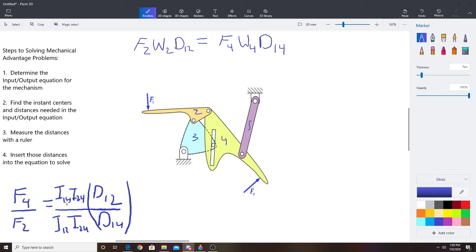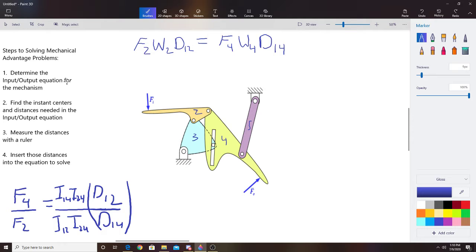So the bottom of the kinematic coefficient is up here and the top is down here. So we now know that these are the things that we have to find: D12, D14, and then these two right here.